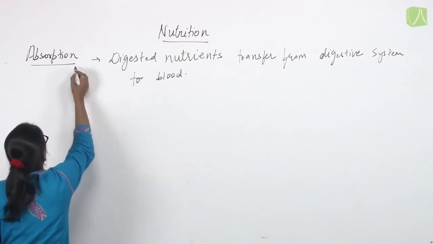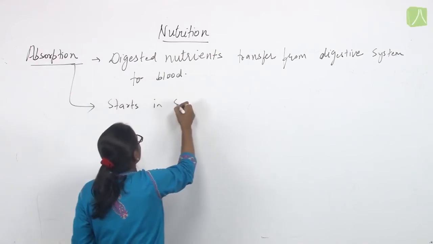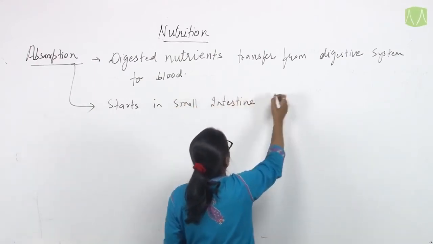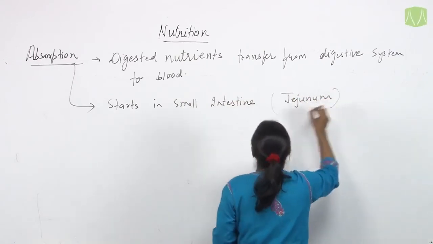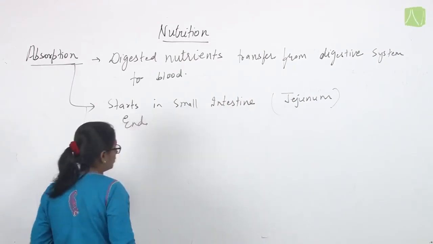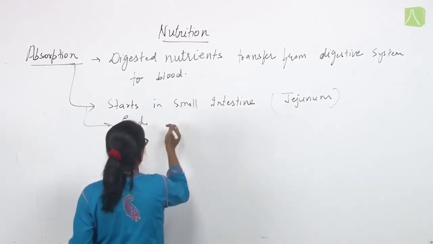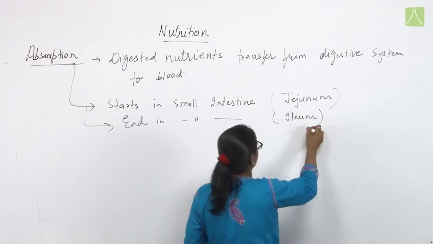So absorption is going to start in the small intestine, the main part being the jejunum, and it will end again in the small intestine, that is in the ileum part, right.